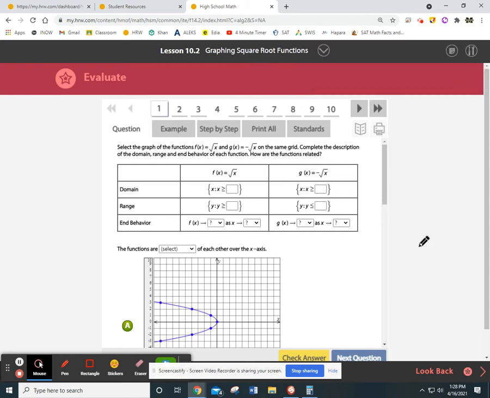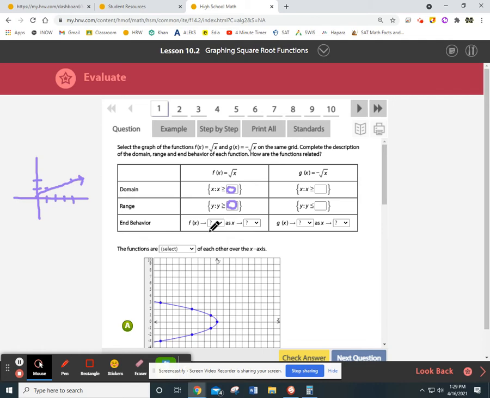So on this one, it says select the graph for the square root parent function. I already told you that the domain is going to be greater than or equal to 0. The range is going to be greater than or equal to 0. So we know that for that parent function, here was my (0, 0), then I had my (1, 1), then I had my (4, 2). So we had that curve going that way.